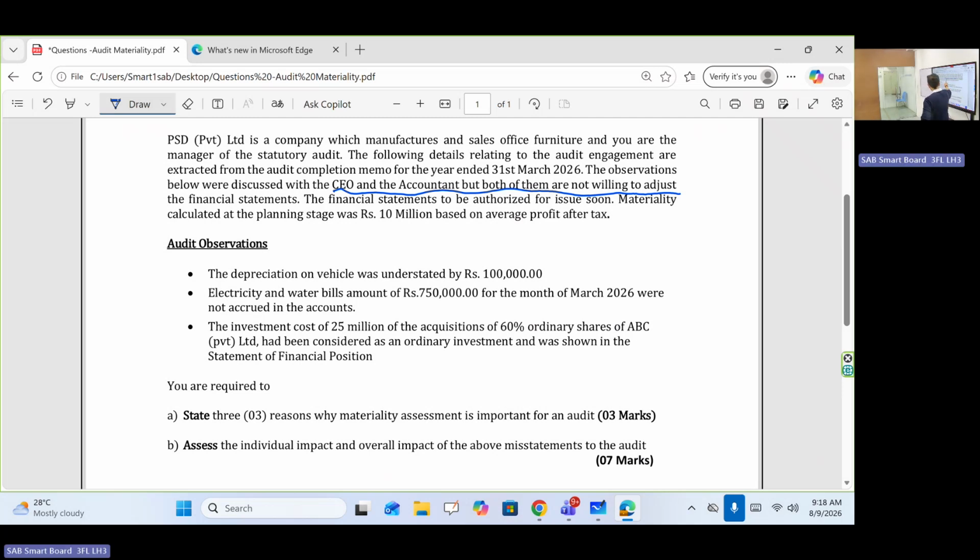The financial statements are to be authorized for issue. So, materiality calculated at the planning stage is 10 million. This is overall materiality, OM, based on average profit after tax.